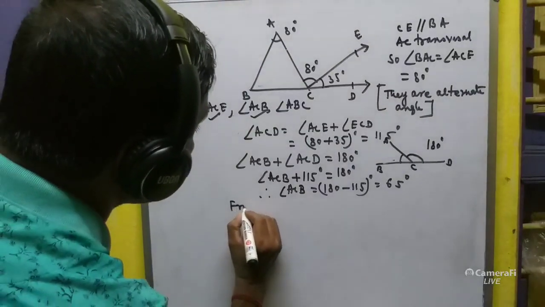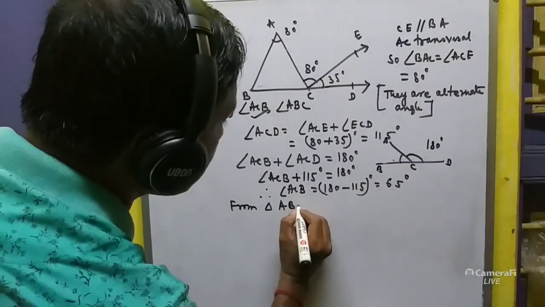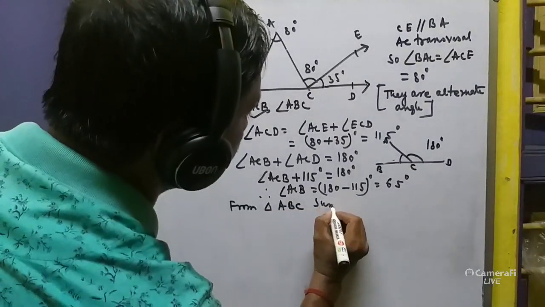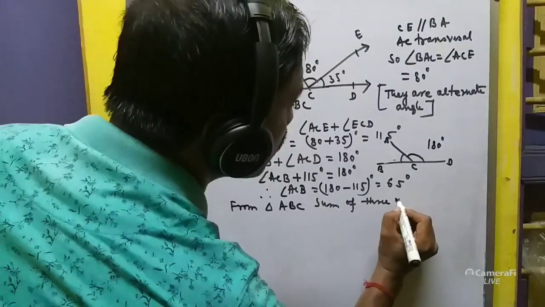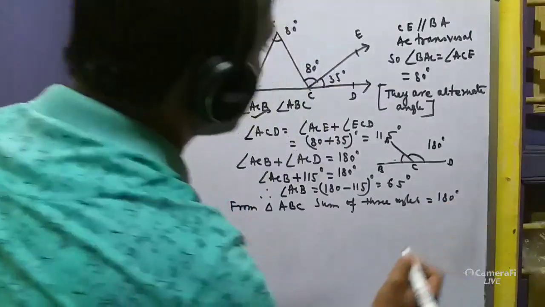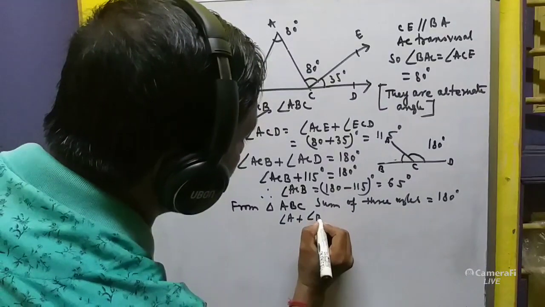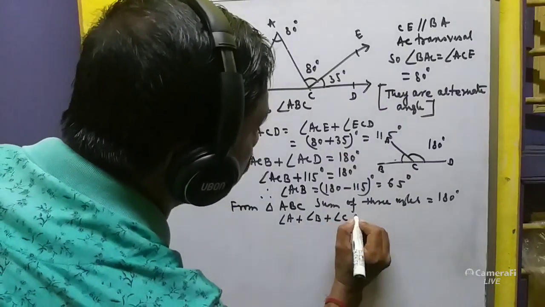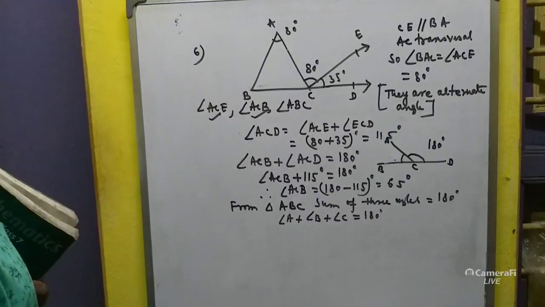From triangle ABC, sum of three angles equal to 180 degree. So angle A plus angle B plus angle C equal to 180 degree. So now angle A 80.